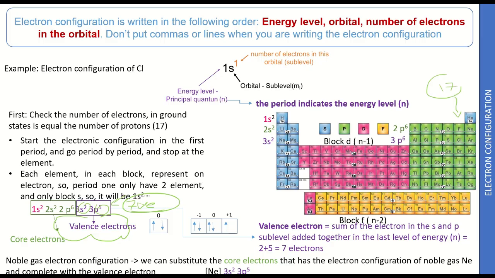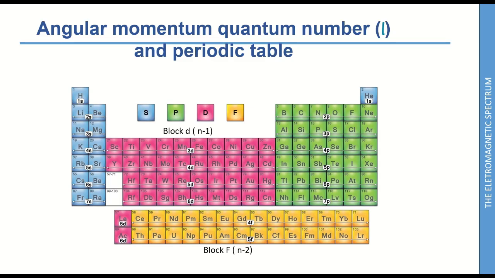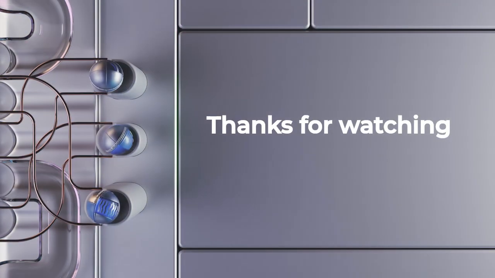And if I go to level 3, which is over here, and go to P5, 1, 2, 3, 4, 5, I know we are talking about chlorine, okay? So we can locate the atoms in the periodic table by the electron configuration, okay? So pay attention to that. And that's all for now.